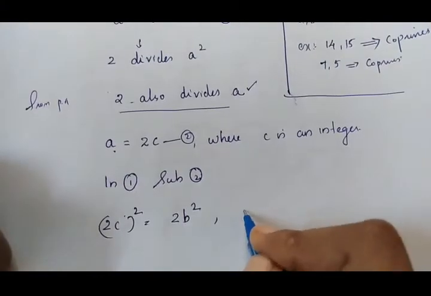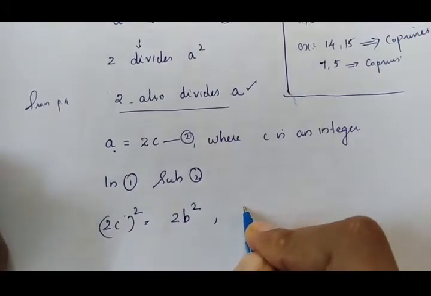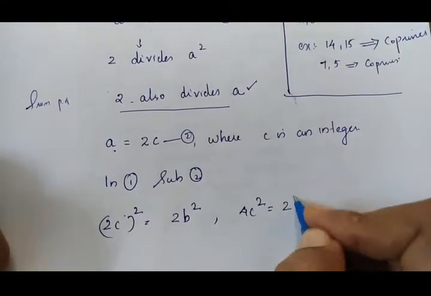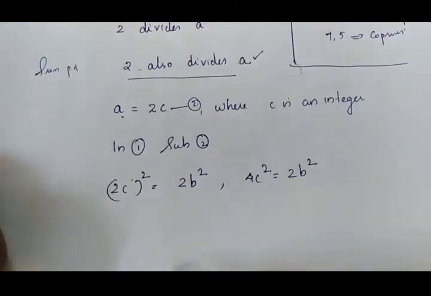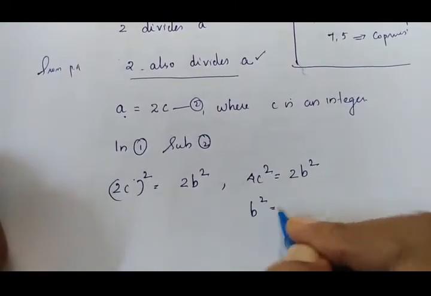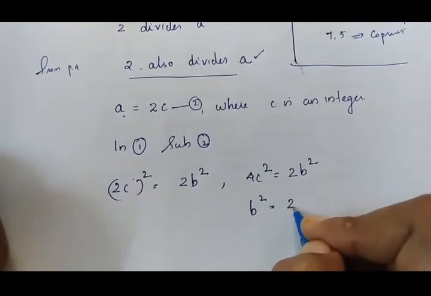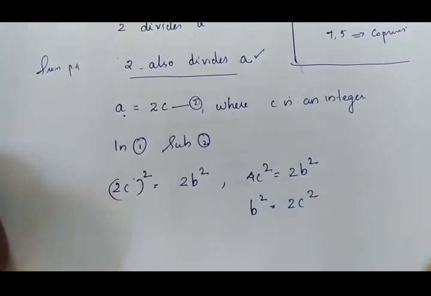As we said, we get 4c square is equal to 2b square. b square is equal to 4c square divided by 2, which is equal to 2c square.